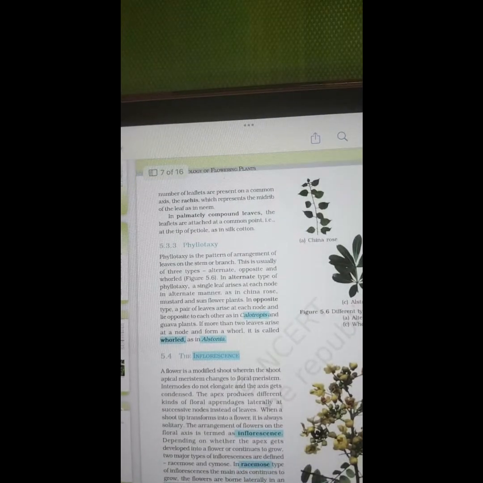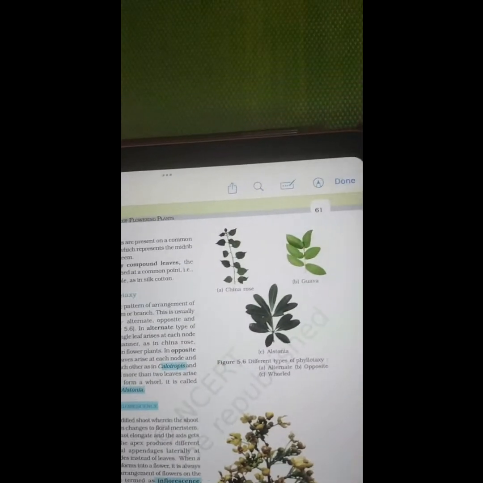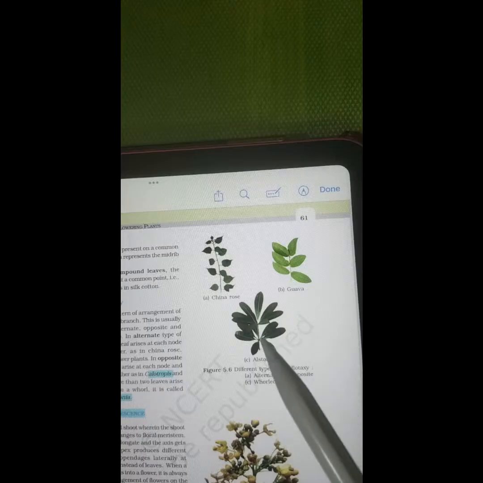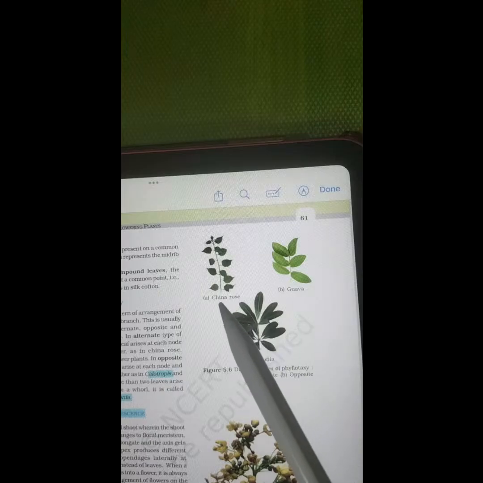Do learn examples here. Now the next one, phyllotaxy. Phyllotaxy refers to the arrangement of leaves on the stem. As I spoke, the stem is always divided into nodes and internodes. Nodes are the areas on which branching occurs.